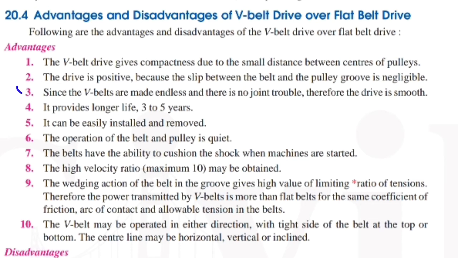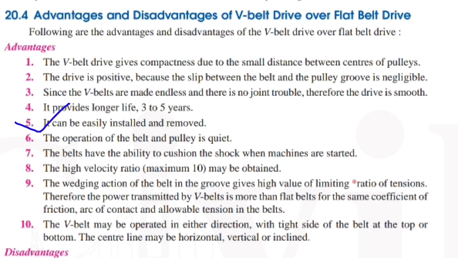The third one, since the V belts are made endless and there are no joint troubles, the drive is smooth. V belts don't have any ends, so no joint troubles occur at the time of application. The fourth one, it provides a longer life of between 3 to 5 years.